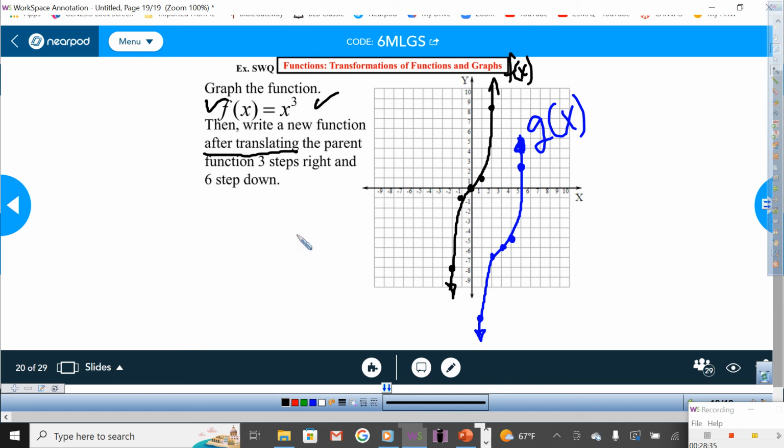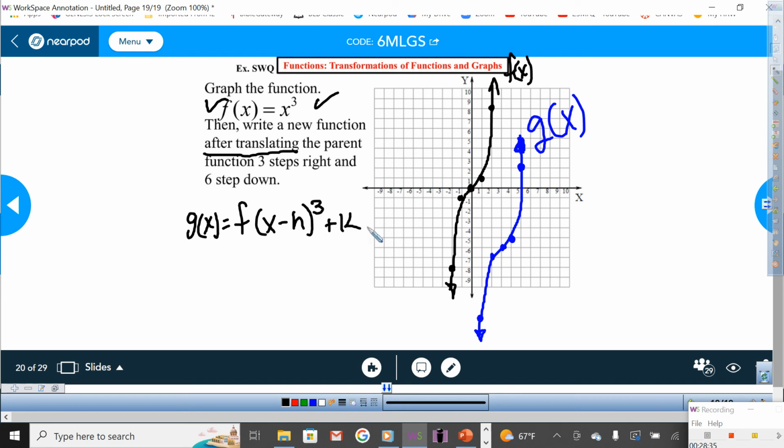So, who went last? Give us the general rule. G of x equals a times f of x minus h, plus k.